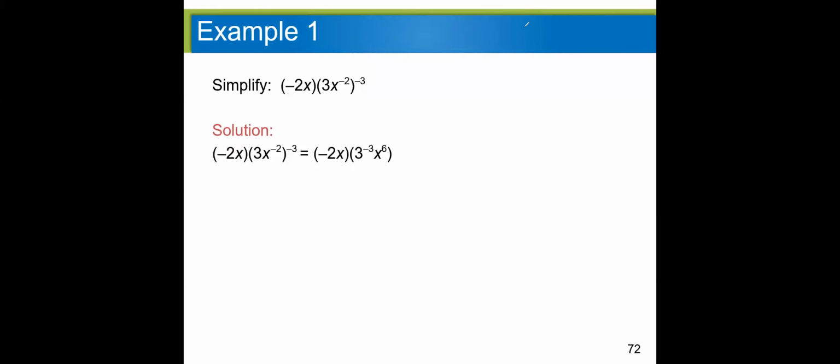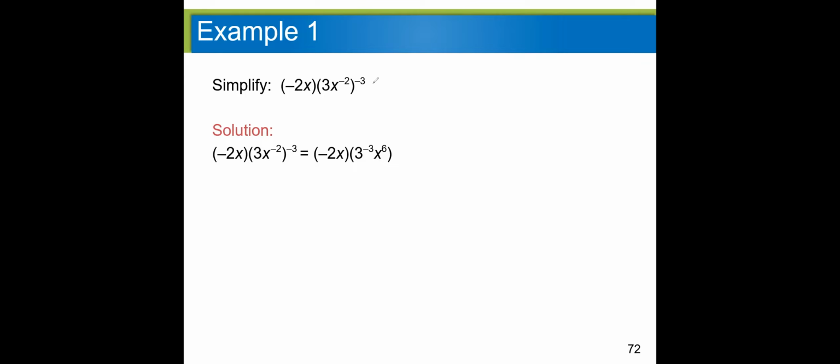Instead, I'm going to send the -3 inside here. When I do that, what happens? Well, the in total 3x to the negative second gets multiplied 3 times by itself in the denominator, right? The long form version of this is a part where we're learning some of these rules can be of benefit, not shortcuts.